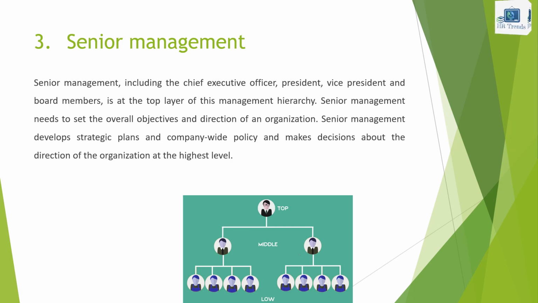Senior management develops strategic plans and company-wide policy and makes decisions about the direction of the organization at the highest level. They also usually play an essential role in mobilizing outside resources and are held accountable to the company's shareholders as well as the general public for the performance of the company.